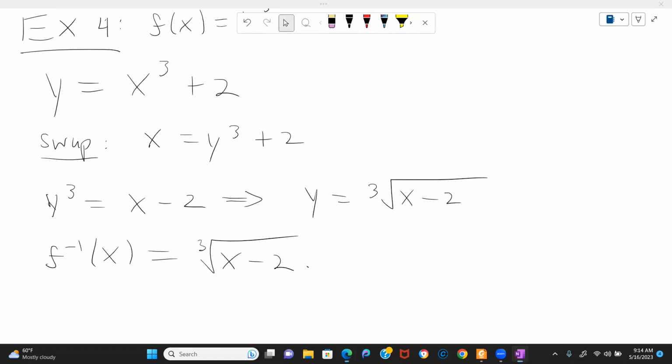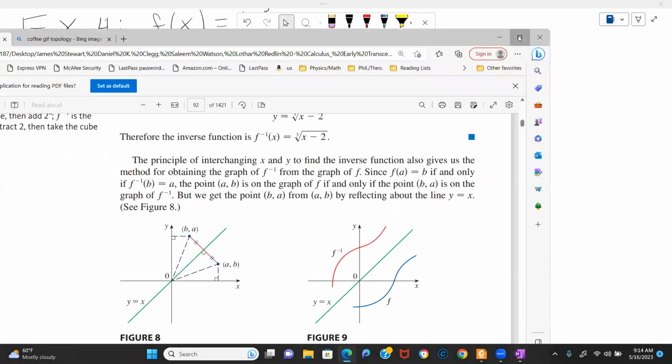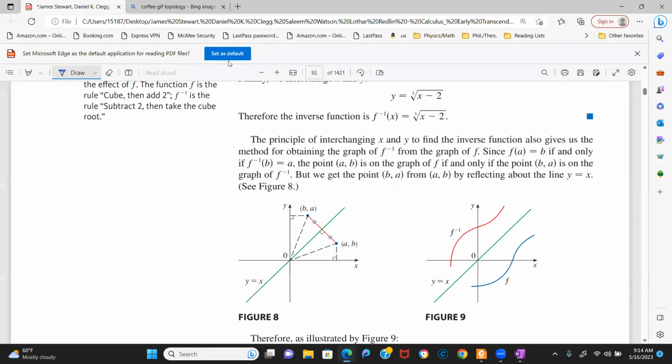I'm going to pull the book up now because there are a lot of drawings involved. As it says, this principle of interchanging x and y to find the inverse function gives us a method for getting the graph of f inverse. Basically, because f of a is equal to b, here's the line of reasoning. Ready?